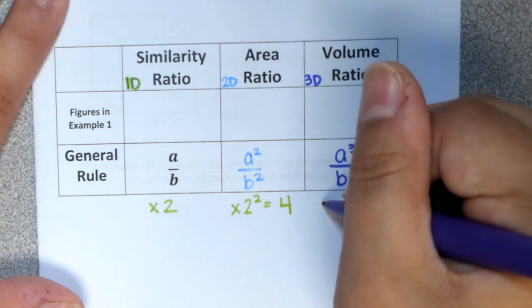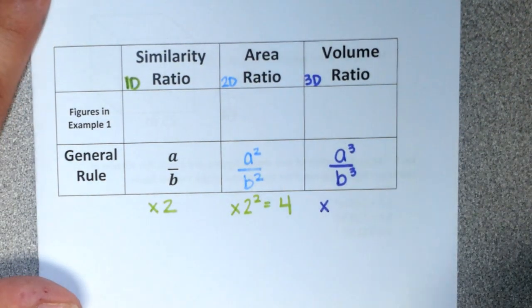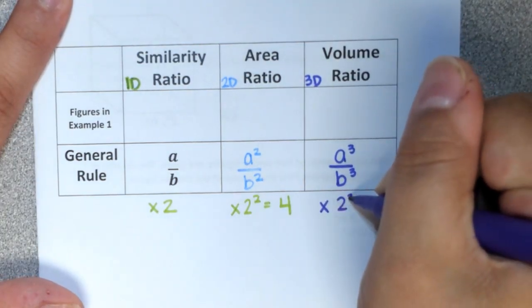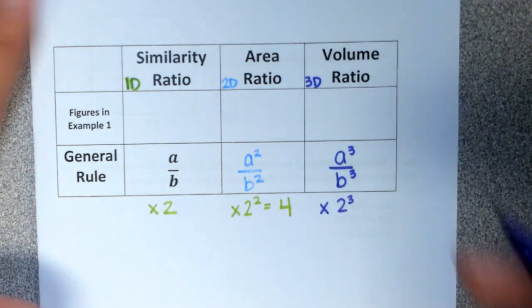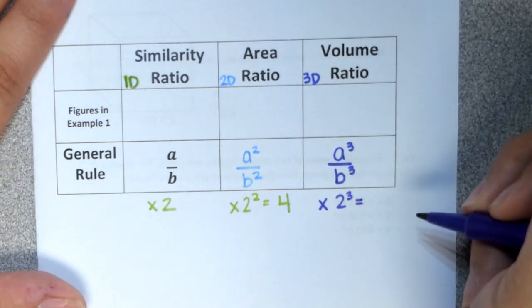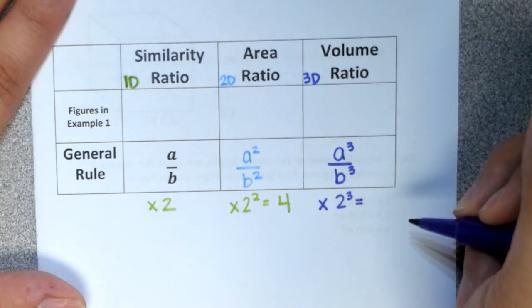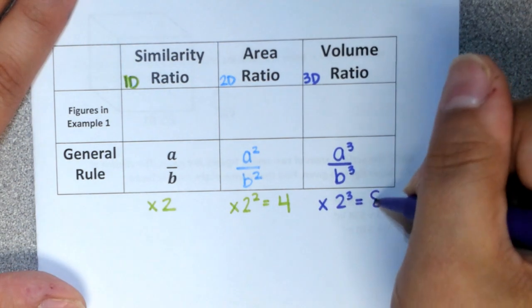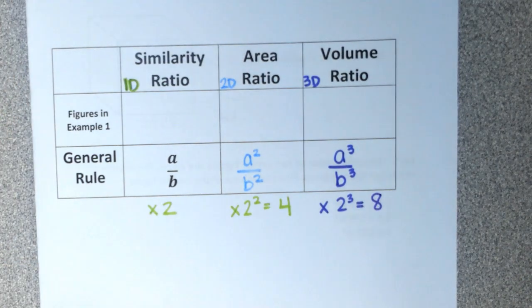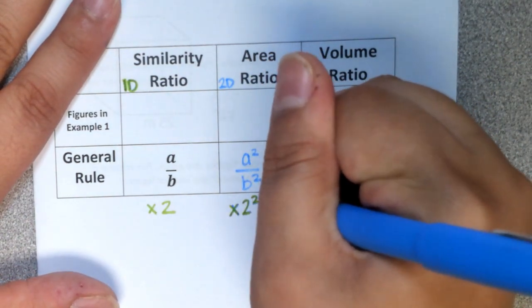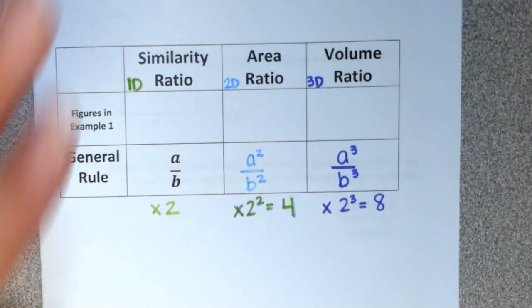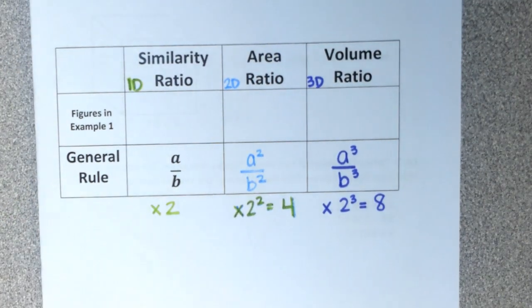How many different things have you doubled? 3 different things. So what is 2 times 2 times 2? 8. So your volume will be 8 times as big. Does that make sense? Are we okay with that?